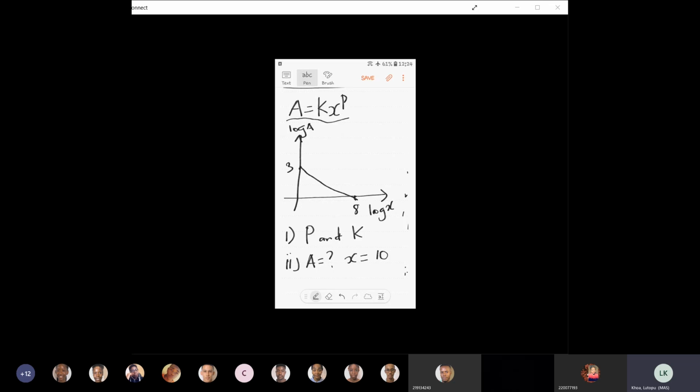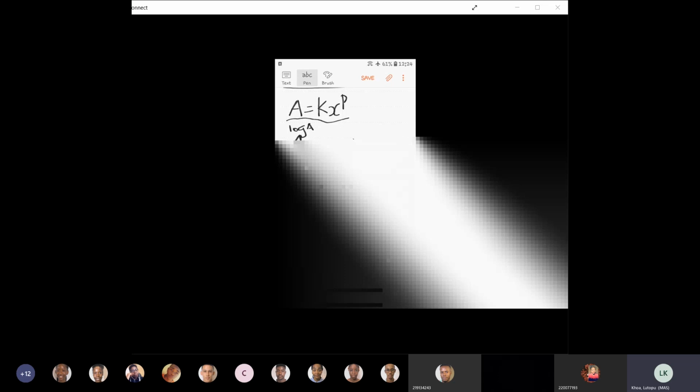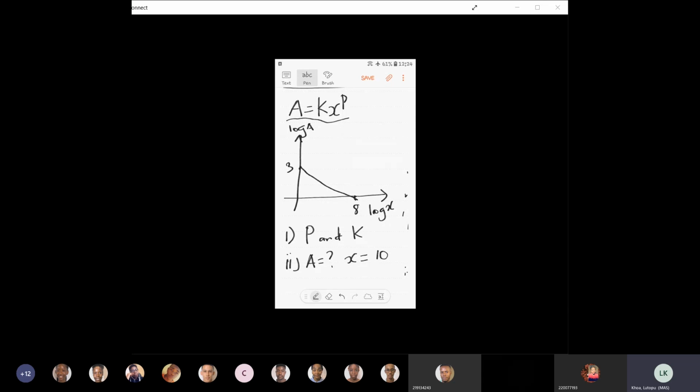Then you separate. The term with A is the one that is going to go on your y-axis, and the term with x is going to be the x-axis.